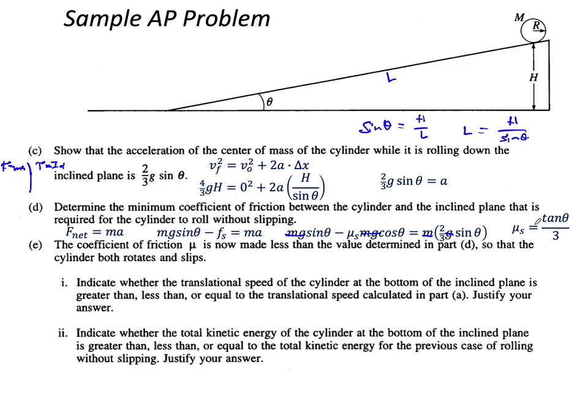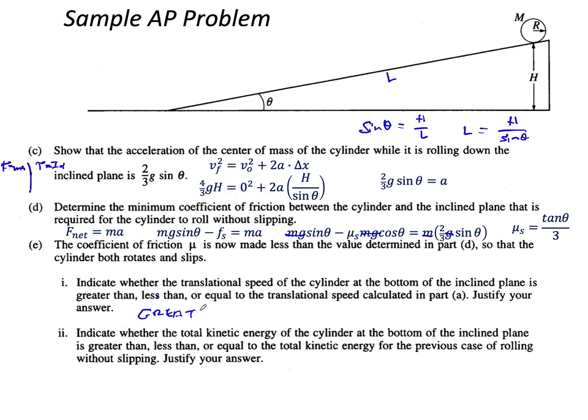Part E, a logic one. The coefficient of friction mu is now made less than the value, so the cylinder both rotates and slips. Indicate whether the translational speed at the bottom is greater than or less than what we calculated earlier. The answer is it should be greater. Why?